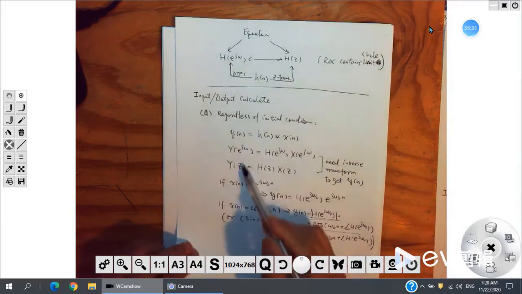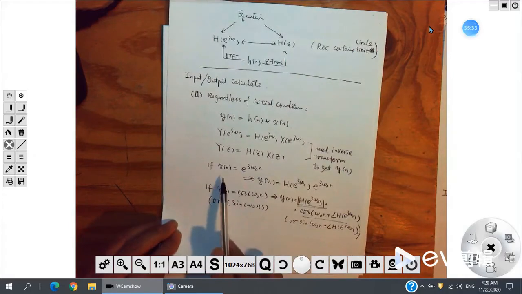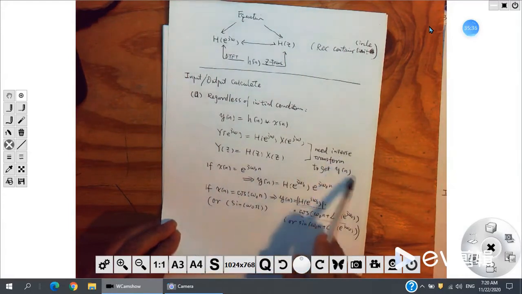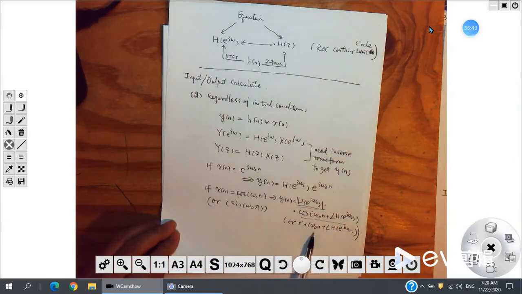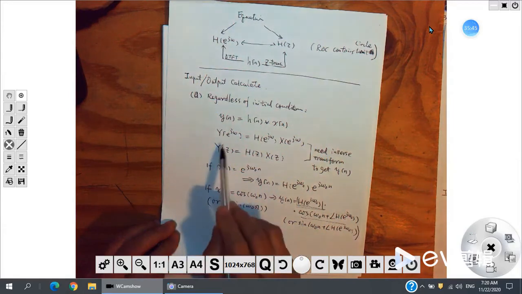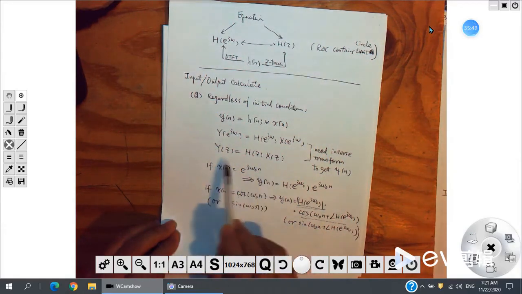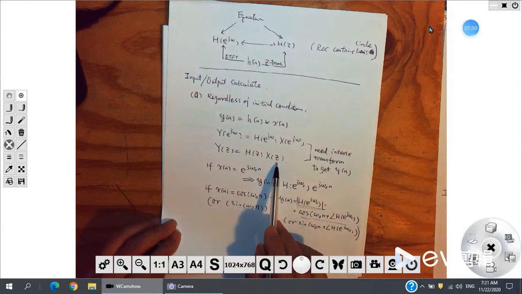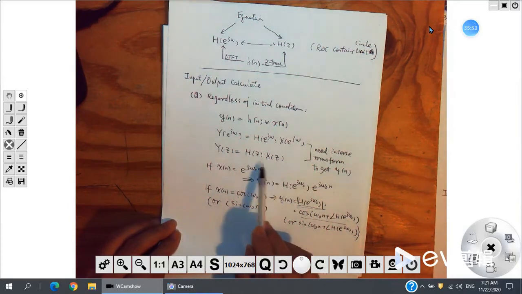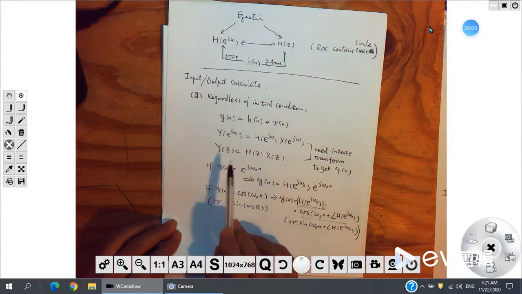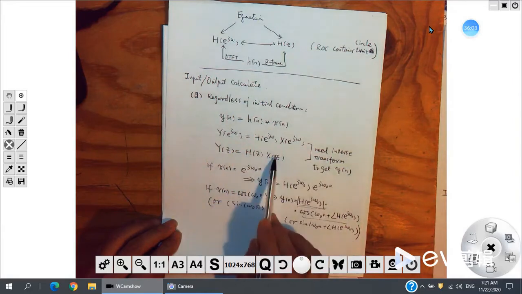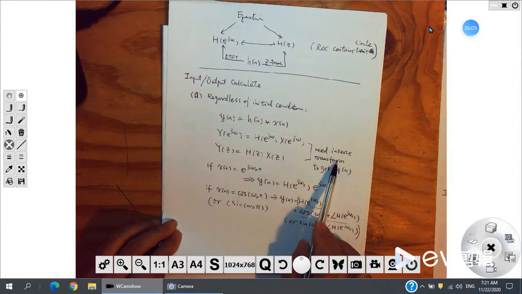Part A, regardless of the initial condition. So you can have output for a given input. You can find output in this way. Okay, so use this one as the particular solution. And here, if you use the Z transform, and if you do not know the RC, then you can use any. Remember, for the Z transform case, when you perform inverse Z transform, different RC will give you different results.